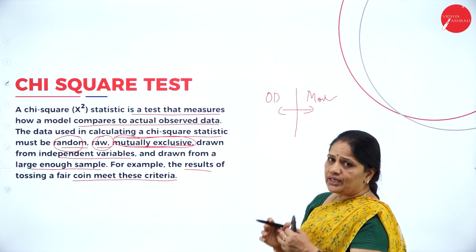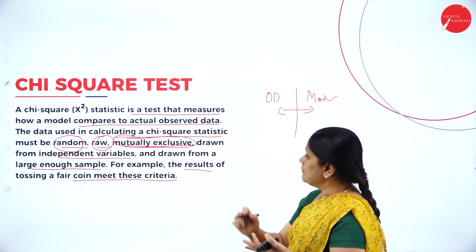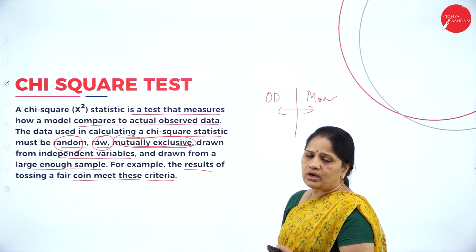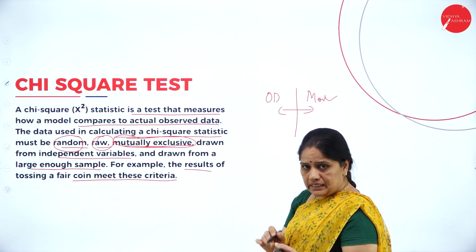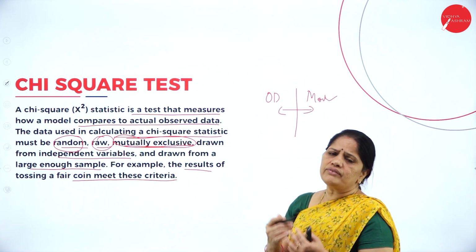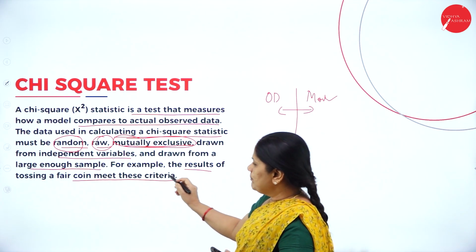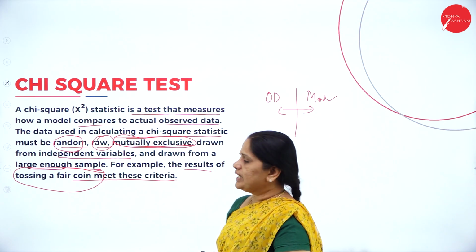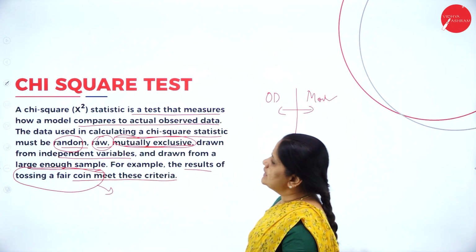The best way to describe such data is the tossing of a fair coin. When you toss a fair coin, it is random, it is raw, it is mutually exclusive, and it is also drawn from independent variables. So all these criteria are met by the tossing of a fair coin, and it can be used for a chi-square test.